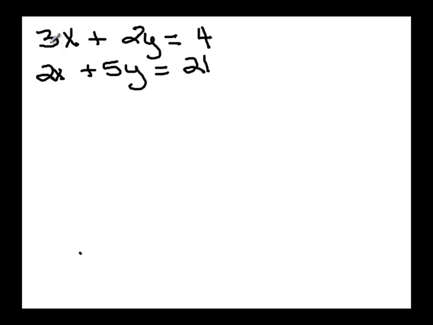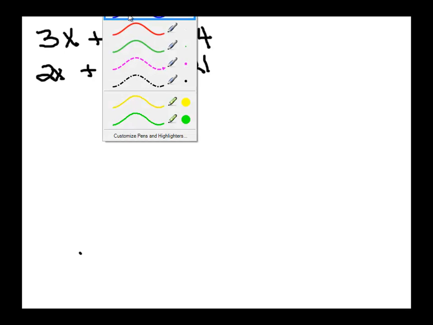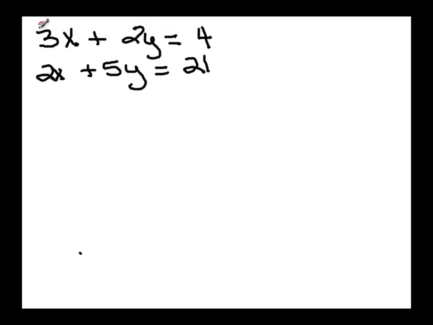So what number can I make them both into? Well, that would be 6. I can multiply this top equation through by a 2, and I can multiply this bottom equation through by a 3.